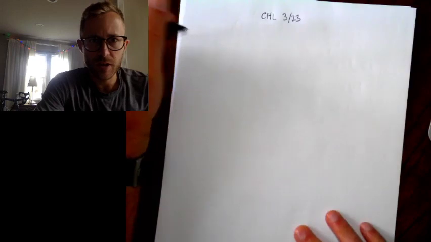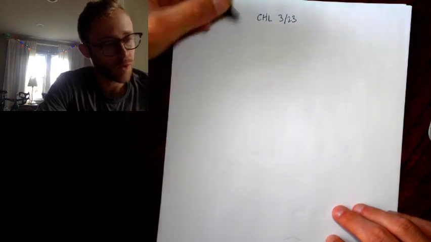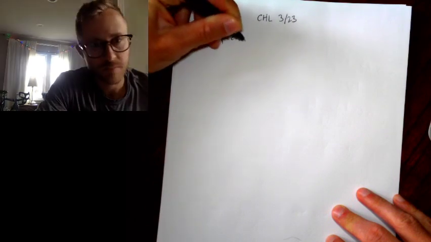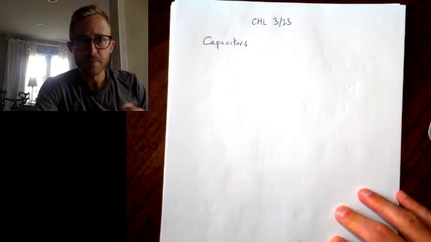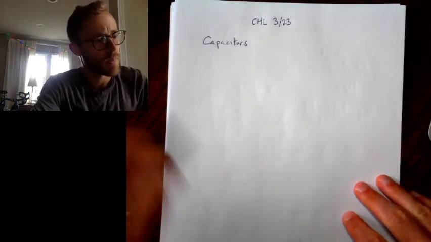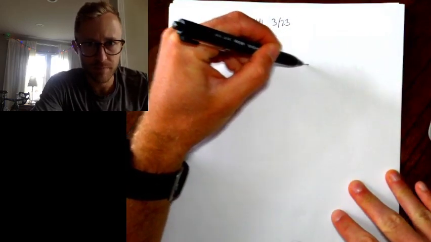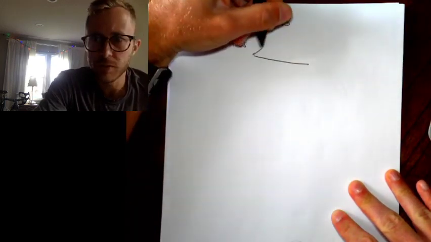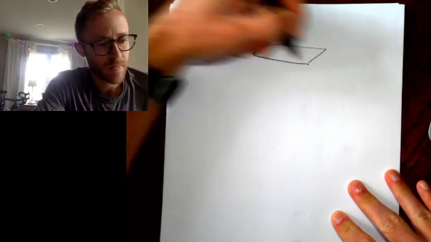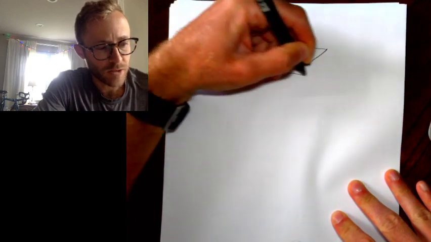So it is time to talk about a brand new topic, which is called capacitors. A capacitor is basically two metal plates that are really close to each other, but they're not touching each other.